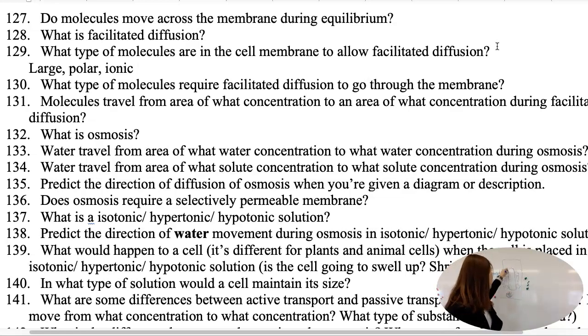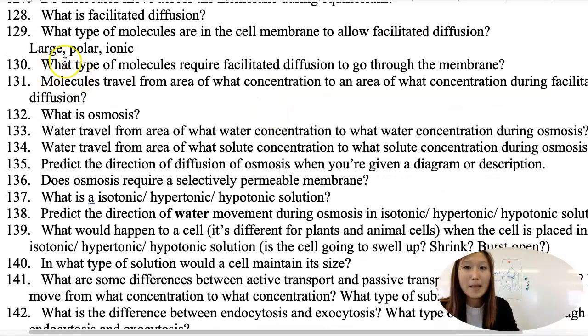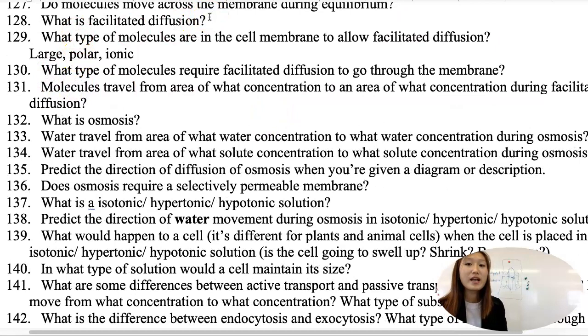This is called a membrane protein. These membrane proteins have channels inside of them to allow the large or polar or ionic molecules to travel through the cell membrane, because they cannot go through directly, right? So facilitated diffusion is membrane transport from high to low concentration without the use of energy, but with the use of membrane proteins.